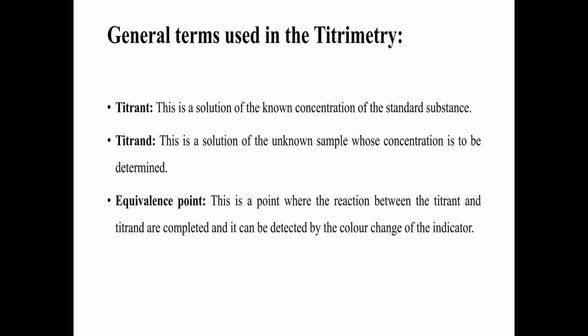Now the general terms which we are going to use for titrimetric analysis. The first and foremost very important terminology is titrant. This is a solution of known concentration of standard substance. The substance whose concentration is known to us is known as the standard solution, the titrant. Titrant means whose concentration is known to us.